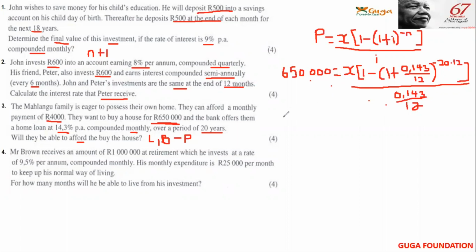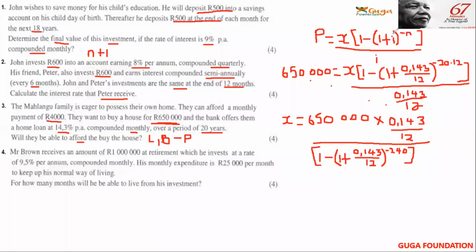Okay, so now you will have your x. Now your x will be equal to 650,000 multiplied by 0.143 all over by 12, divided by the square bracket 1 minus 1 plus 0.143 divided by 12 to the power of negative 240, right?